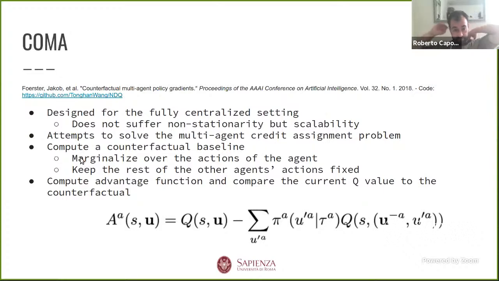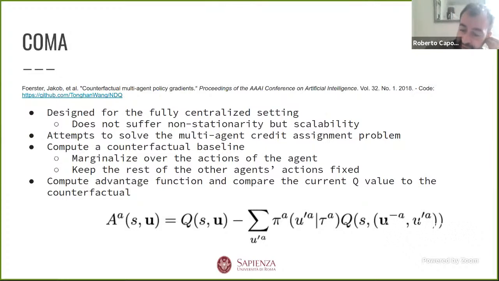but it doesn't suffer from the scalability and non-stationarity issues. And specifically this paper, we have seen one paper that tries to solve the breaking of the experience replay, the other paper that tries to solve the non-stationarity issue. This paper instead tries to solve the credit assignment problem. Specifically, it does that by using an advantage function.